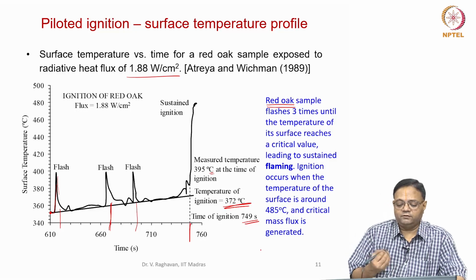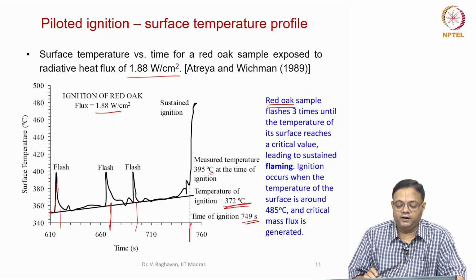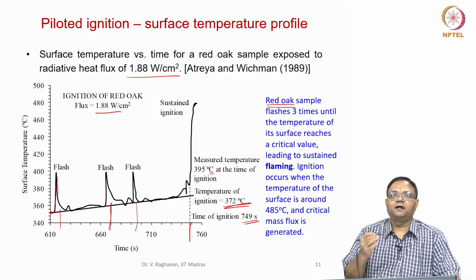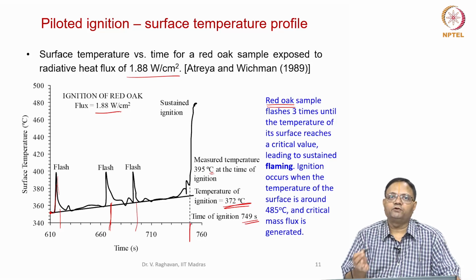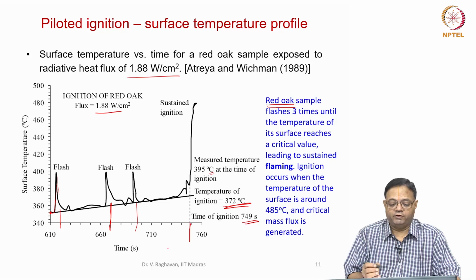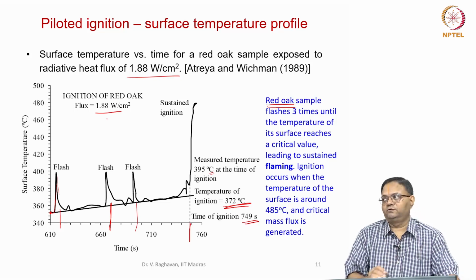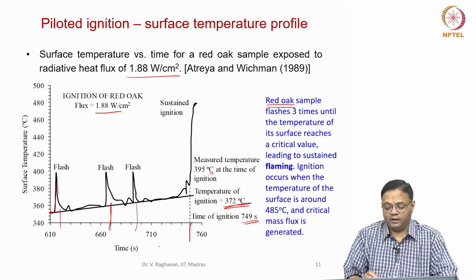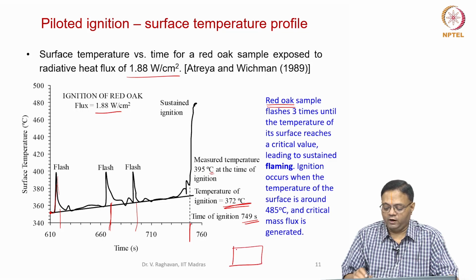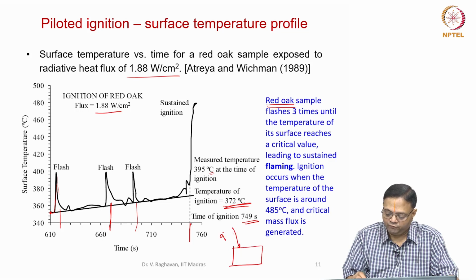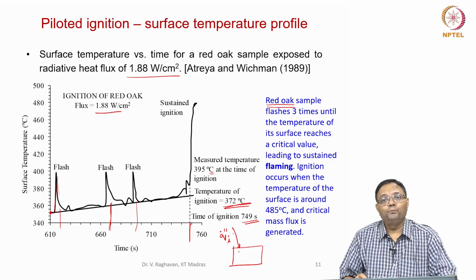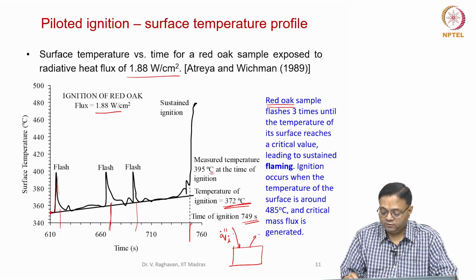Now, let us consider why we choose this heat flux. If it is higher than this, what would happen, or if it is lower than this, what would happen? If it is lower than this heat flux, the solid we are heating with a particular heat flux is incident on the solid surface. Now, there is some heat loss and there are some conduction fluxes.